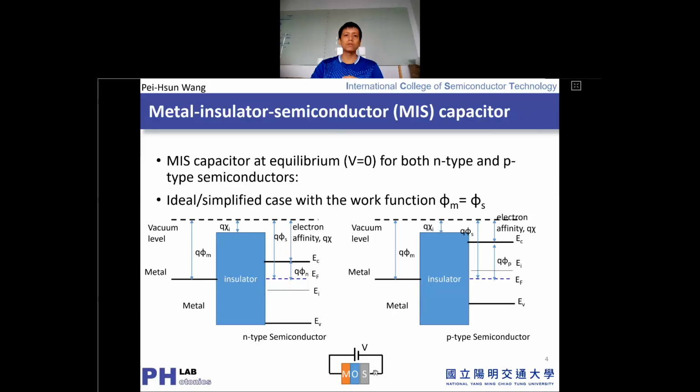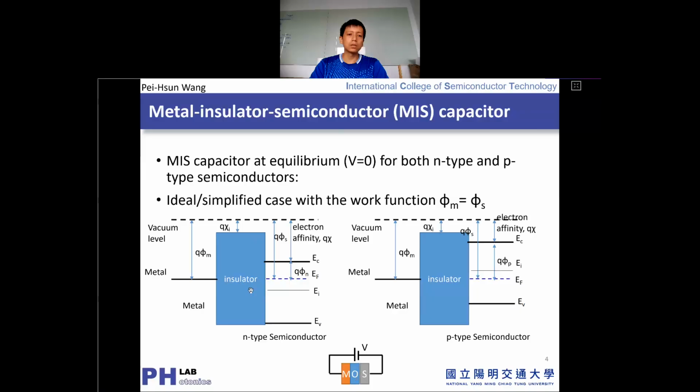In the electronic device figure, you can assume these figures to be the metal, insulator, and semiconductor connection. With this scheme, we can apply a voltage from the metal to the semiconductor, and we assume that if it is positive, the metal has a higher voltage than the semiconductor. So we first build up a really simple architecture to discuss what will happen if we apply additional voltage.